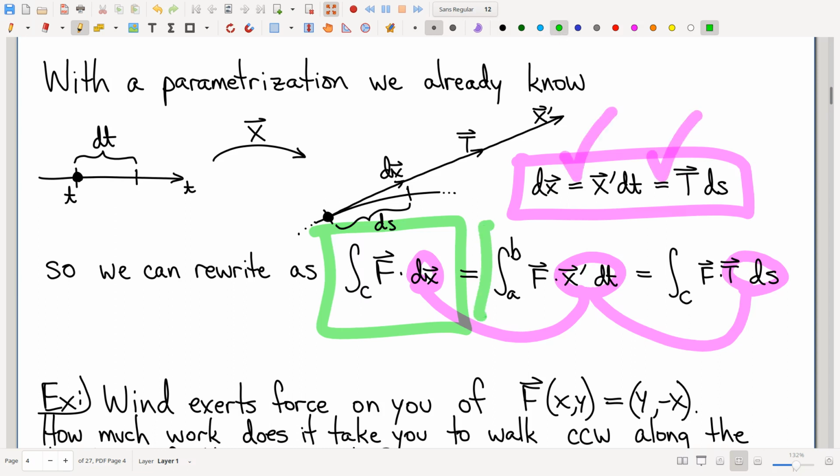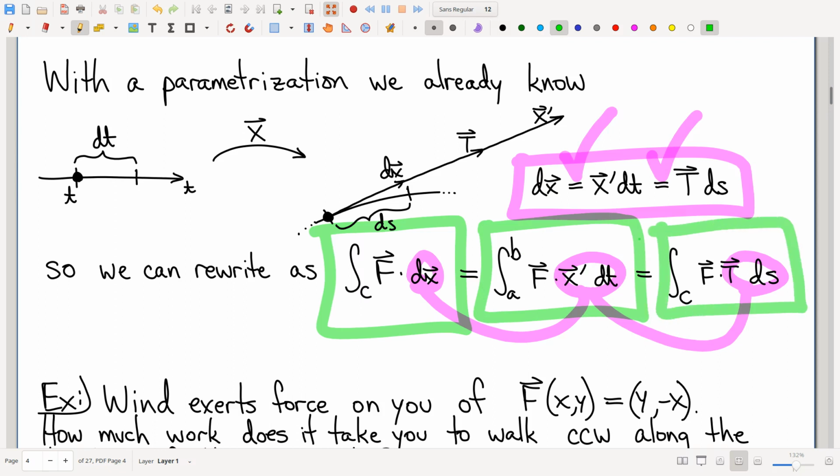And so we now have 3 different notations to choose from, you might say, for a vector line integral. So take your pick. By the way, a lot of books seem to have what I consider to be an odd preference for this third one.